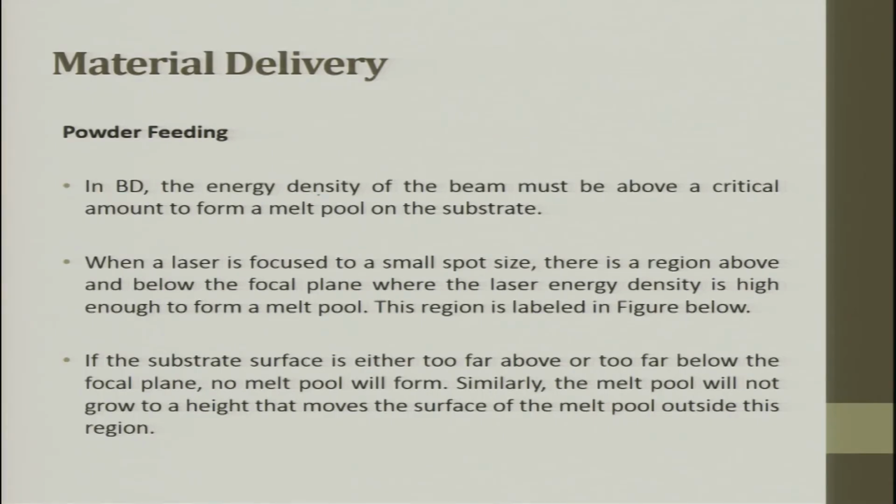In BD, the energy density of the beam must be above a critical amount to form a melt pool on the surface. So, it depends on the laser beam power, because the laser has to help in melting. When the laser is focused on a small laser spot, flux density increases. There is a region above and below the focal plane where the laser energy density is high enough to form a melt pool.